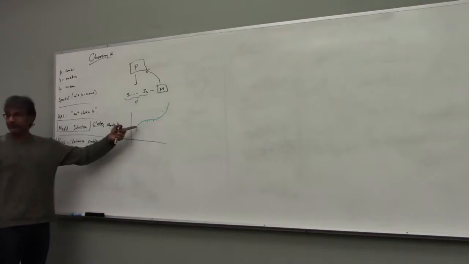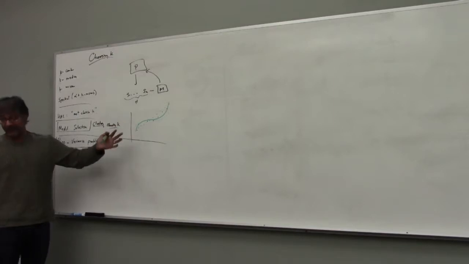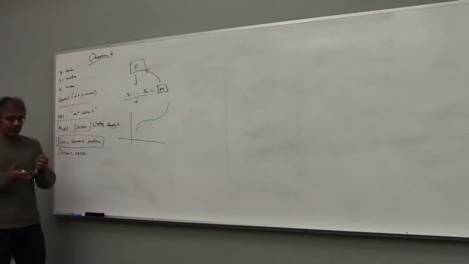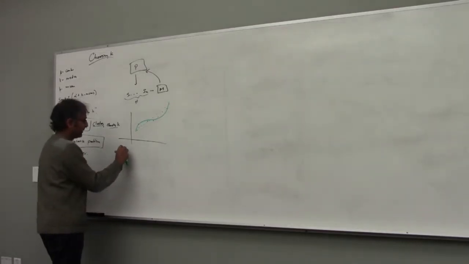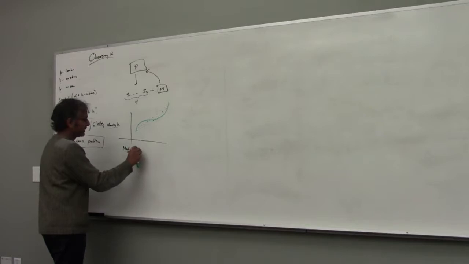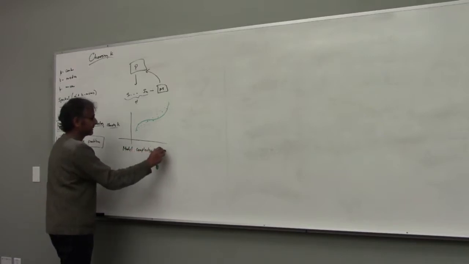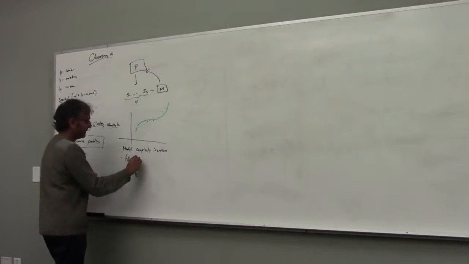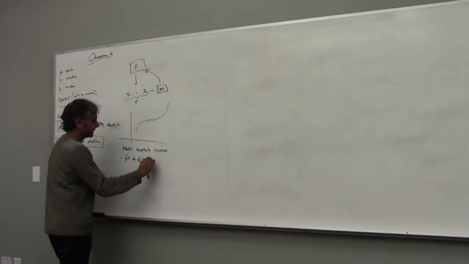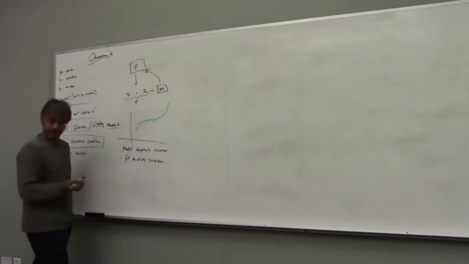The higher the degree of the polynomial used to fit this data, the better it'll fit. If you have n points, and you have an nth degree polynomial, you'll fit it exactly. So as the model complexity increases, the fit to the data increases. Okay.